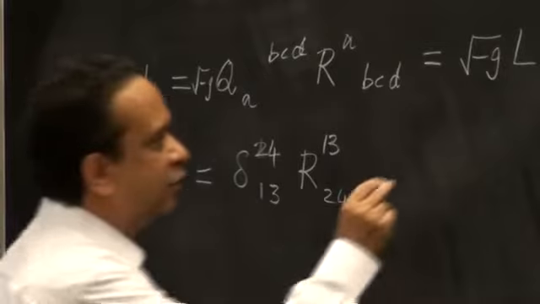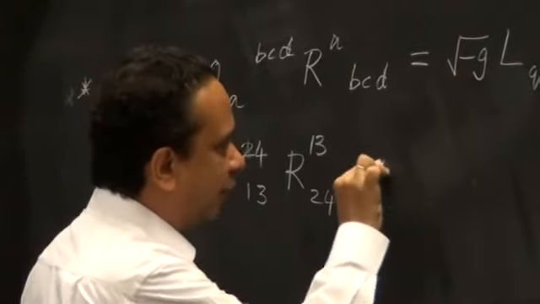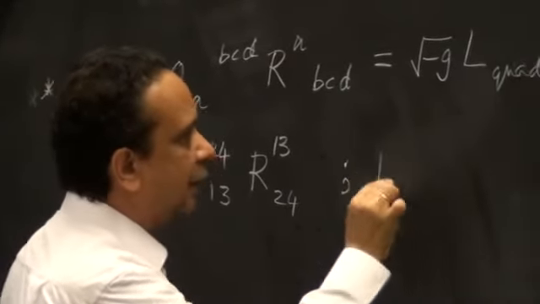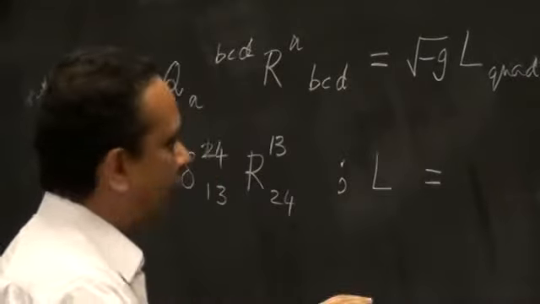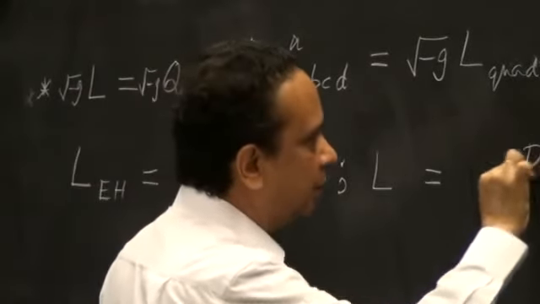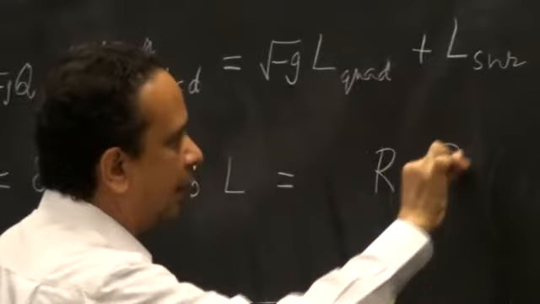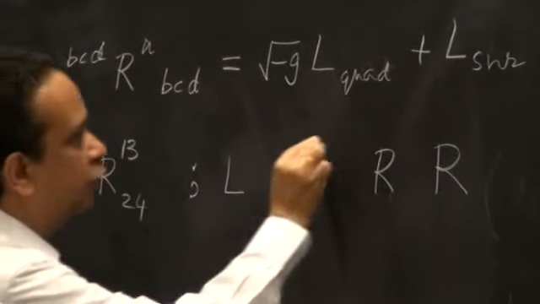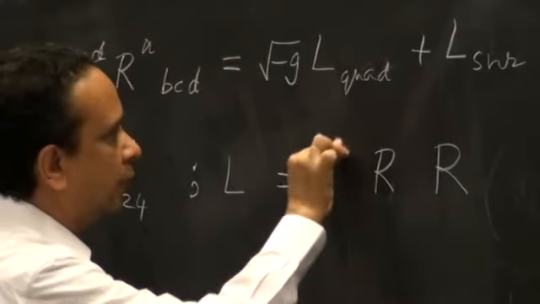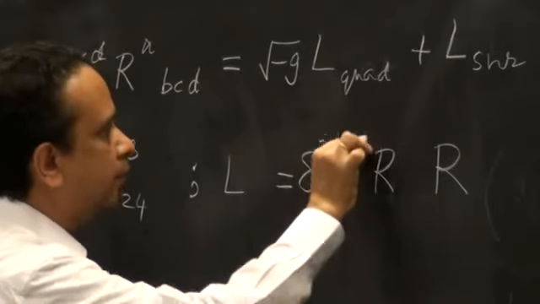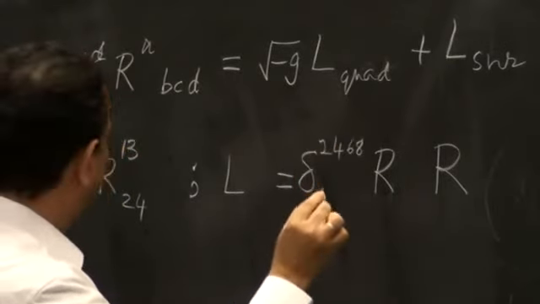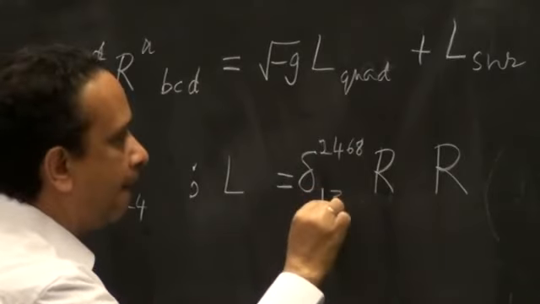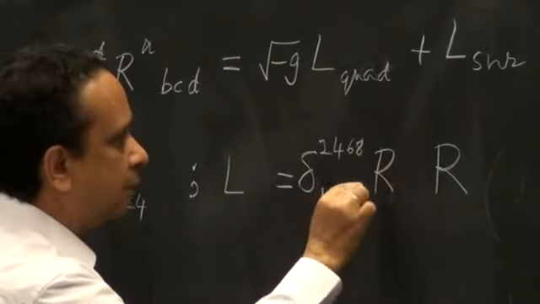Now the next thing which you would do, arising out of this, is another Lagrangian which I can write down, where I take 2 copies of R and multiply it by a delta. So here I will have 2, 4, 6, 8 and 1, 3, 5, 7.